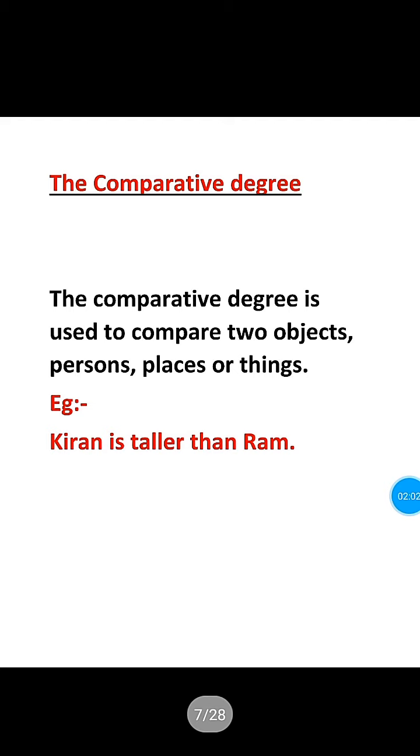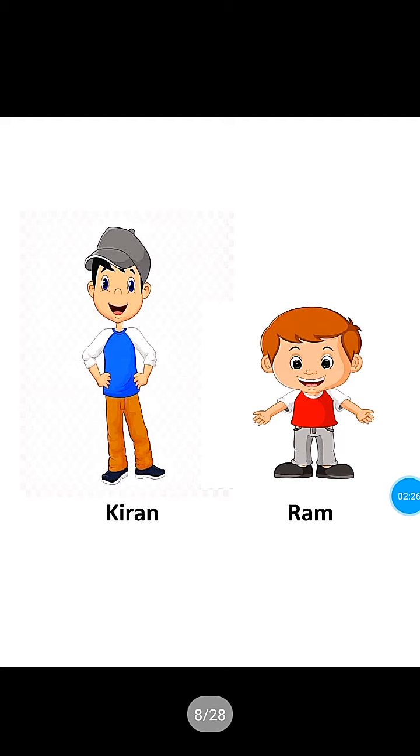The comparative degree. The comparative degree is used to compare two objects, persons, places or things. That means this comparative degree is used to compare only two things or persons. For example, Kiran is taller than Ram. Here, look at this picture. Kiran and Ram, two persons are there.